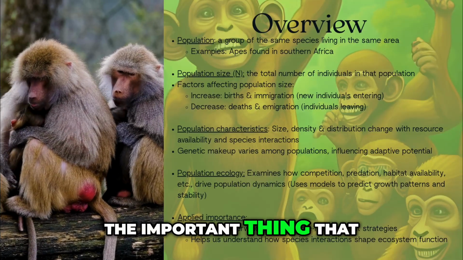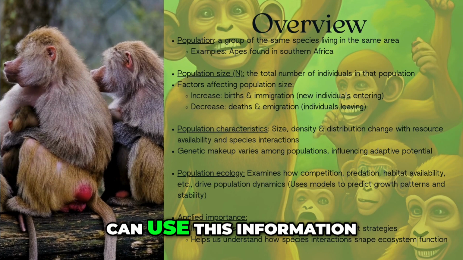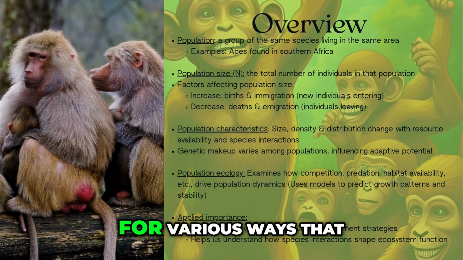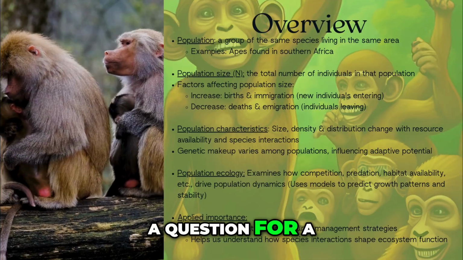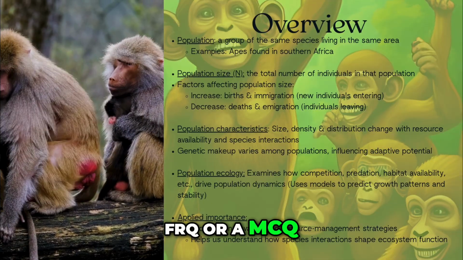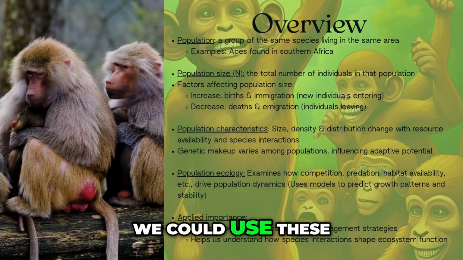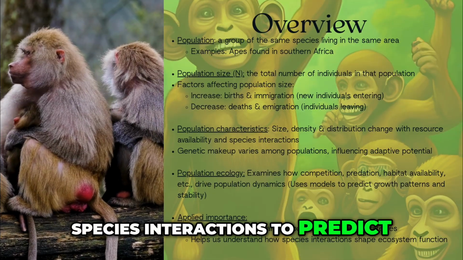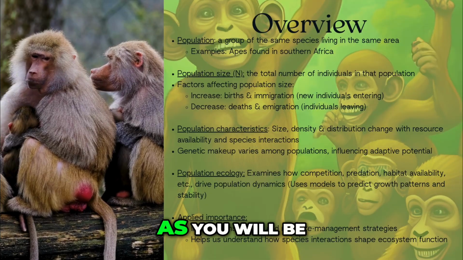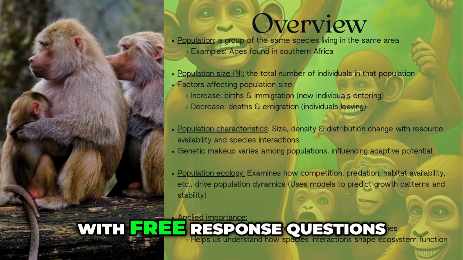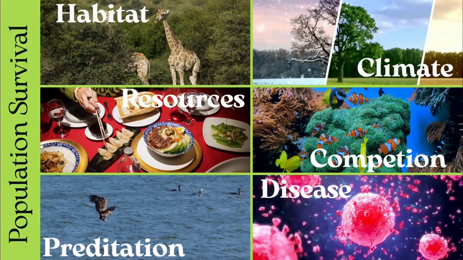The important thing to remember is how you can use this information when managing a question, whether an FRQ or an MCQ, meaning free response or multiple choice question. We could use these species interactions to predict how the ecosystem can function in the future, as you will be expected to do with free response or multiple choice questions.